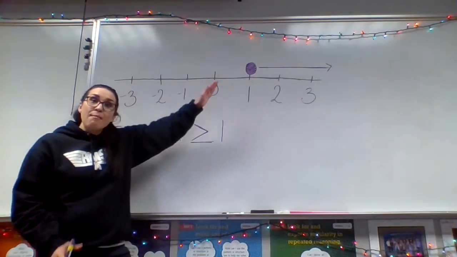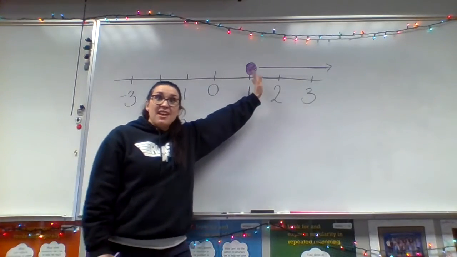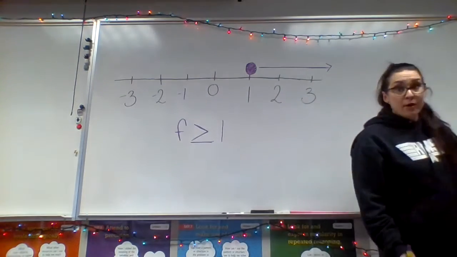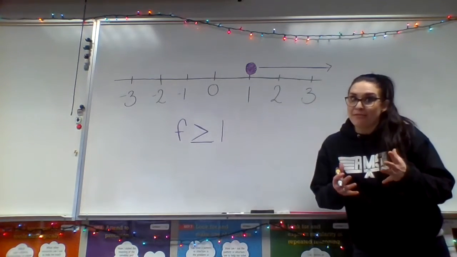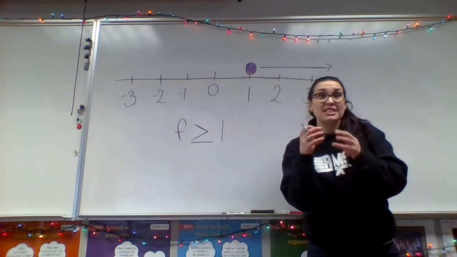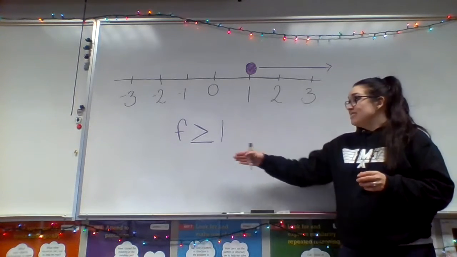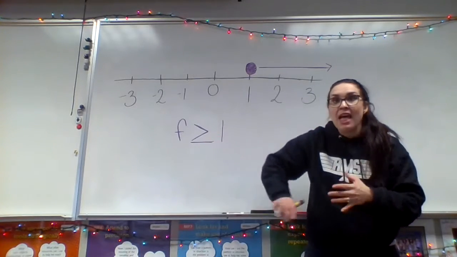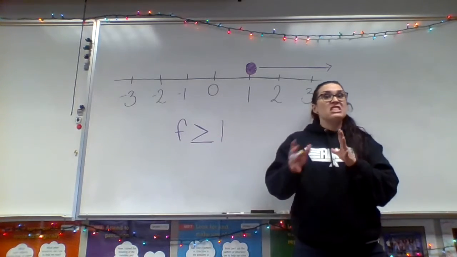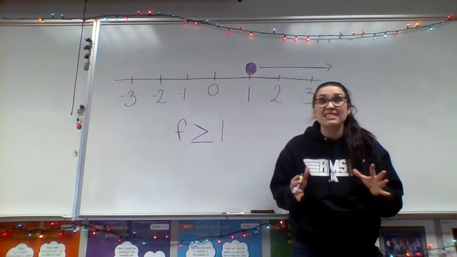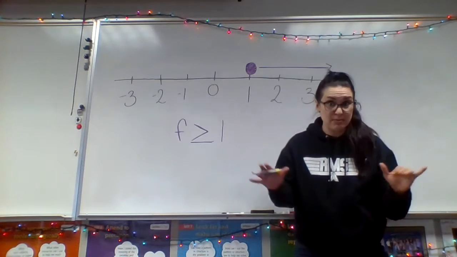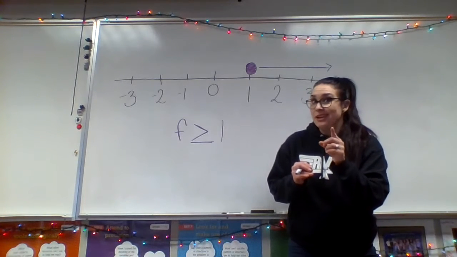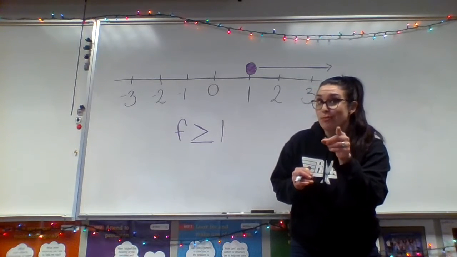And we represent that by having that colored in dot, but then our arrow is pointing towards the larger numbers, right? So again, my friends, if it's a circle that's colored in, that means that you have that equal to possibility, right? And then likewise, if it's not colored in, that means that it is not a possible equal to sign, right? Now, let's get into your book.